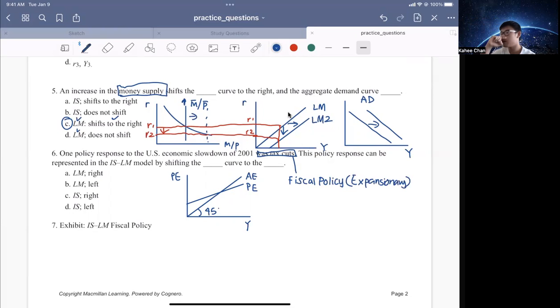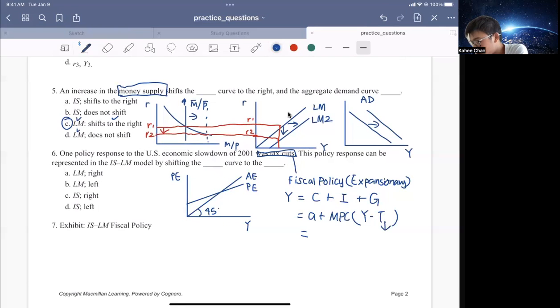What it means is that consumption is going to increase. We call the function Y equals C plus I plus G. When there's a decrease in tax, C can be derived as C equals a plus MPC times (Y minus T).